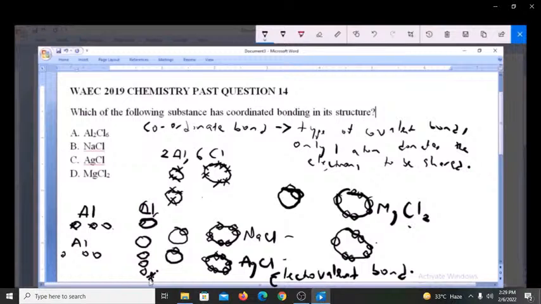So this aluminium atom will share with 3 of the chlorine atoms, and the other will share with the remaining 3 chlorine atoms. So the answer is A, which is aluminium chloride.